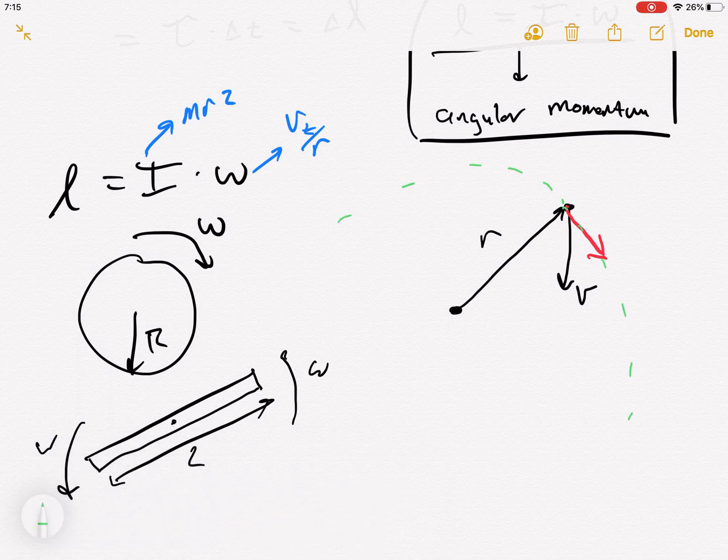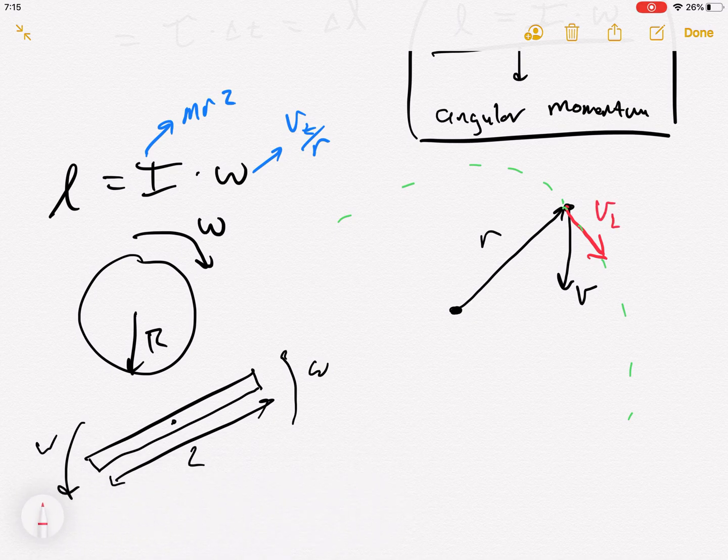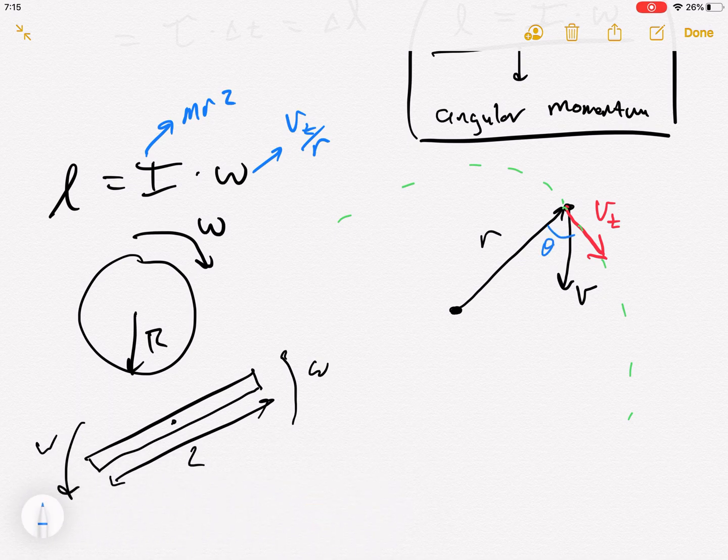Again, the object's not traveling in that circle, but only the velocity that is tangent to that path contributes to this. So I can define an angle here, theta. It's the same as the angle here, theta. So it looks like v tangential is v sine theta.